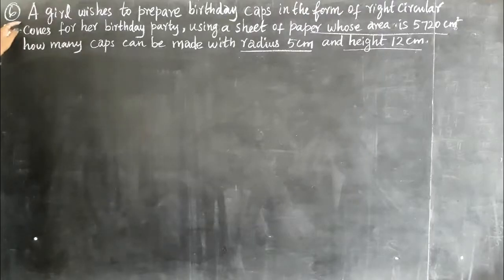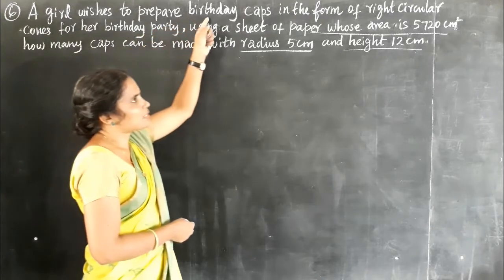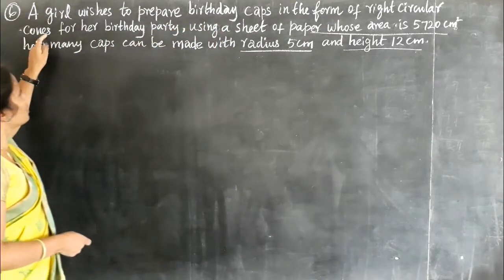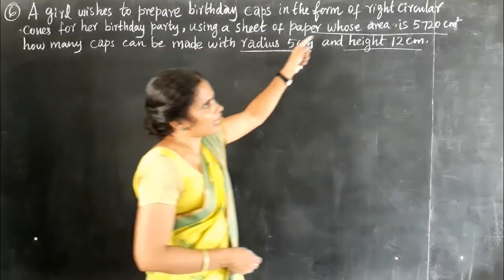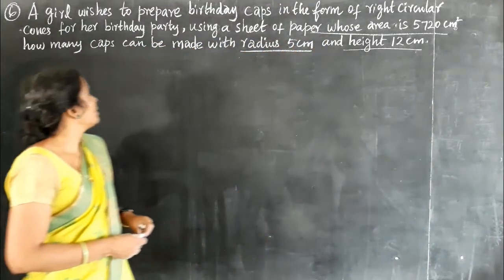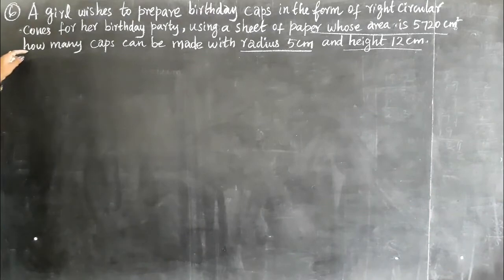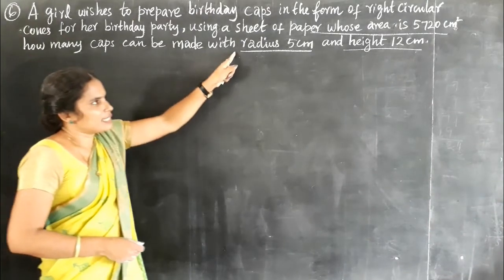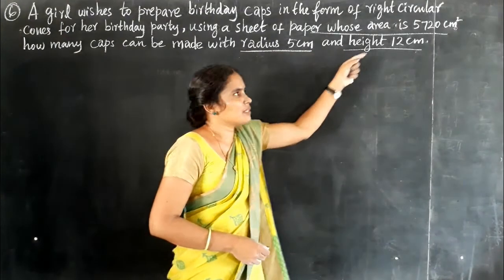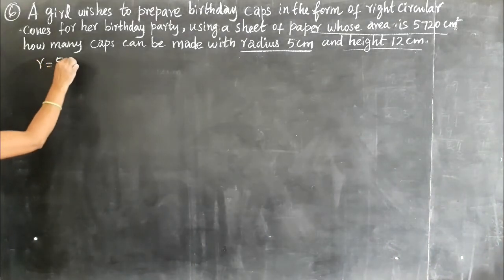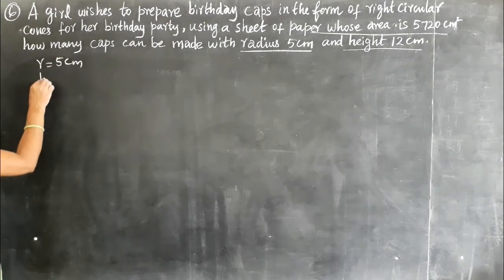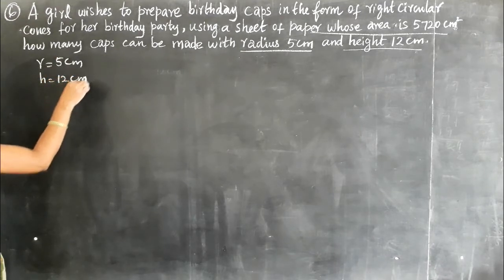Question number 6. A girl wishes to prepare birthday caps in the form of right circular cones for her birthday party. Using a sheet of paper whose area is 5720 centimeters square, how many caps can be made with a radius of 5 centimeter and height 12 centimeter? Here R is equal to 5 centimeter and H is equal to 12 centimeter.